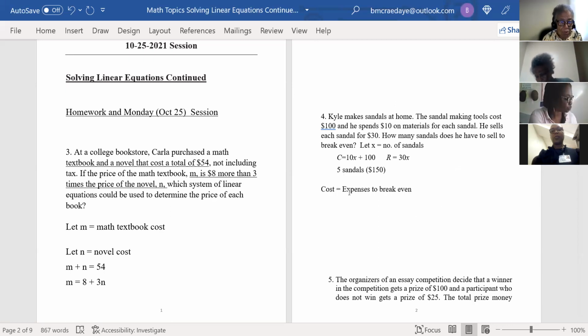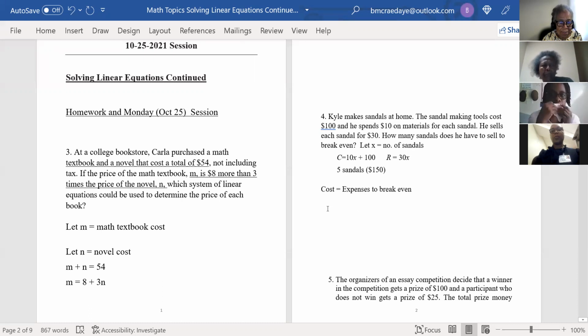All right. So now we know what cost is, and that's our old familiar slope intercept, y equals mx plus b. That's the cost, okay? And the revenue is equal to 30 times x. So to break even, we set that cost equal to the revenue.